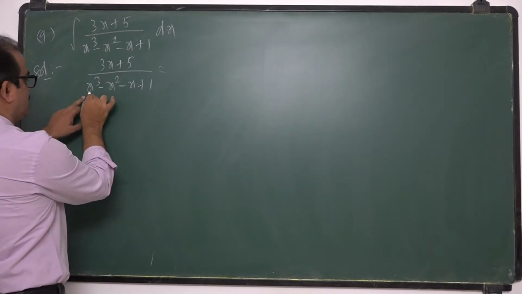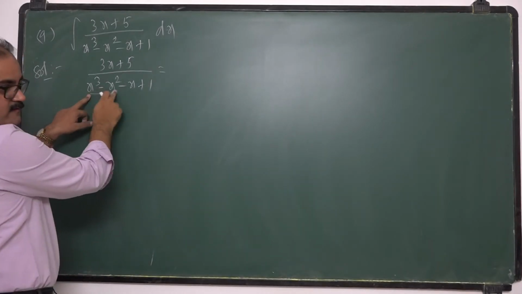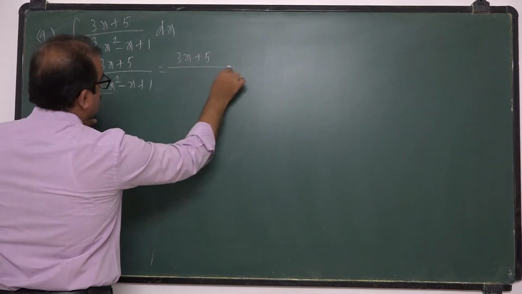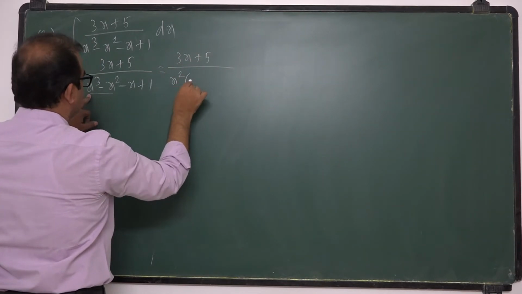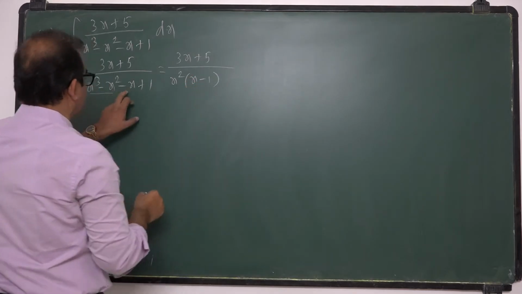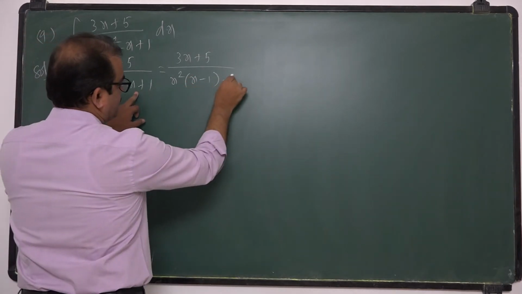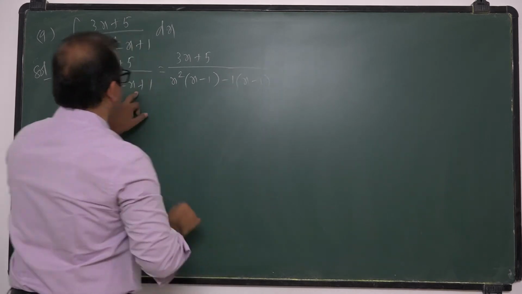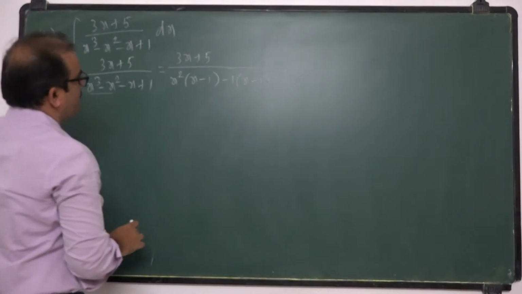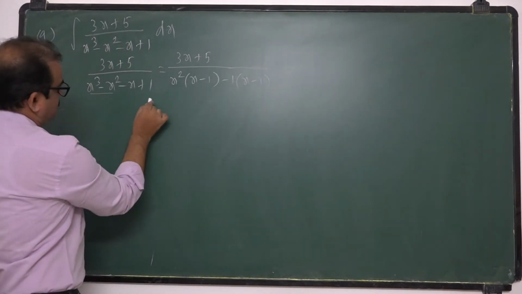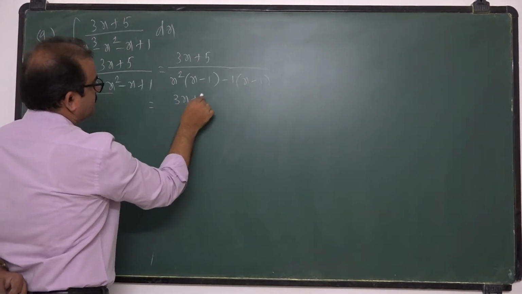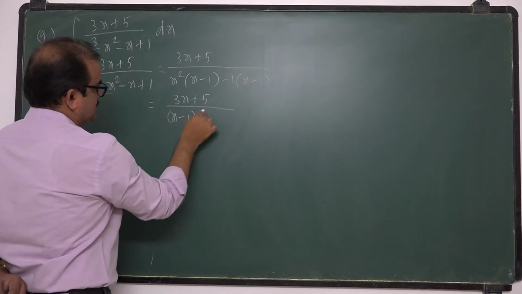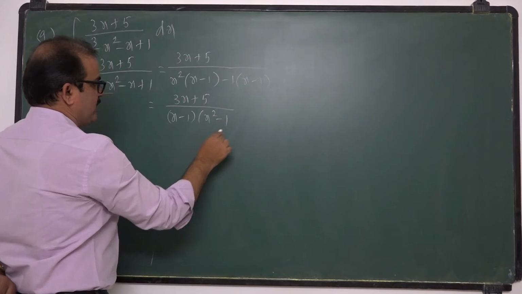In the denominator, we take x square common from the first two terms: x square into x minus 1. We take minus common here: minus 1 into x minus 1. So this becomes 3x plus 5 by x minus 1 into x square minus 1.